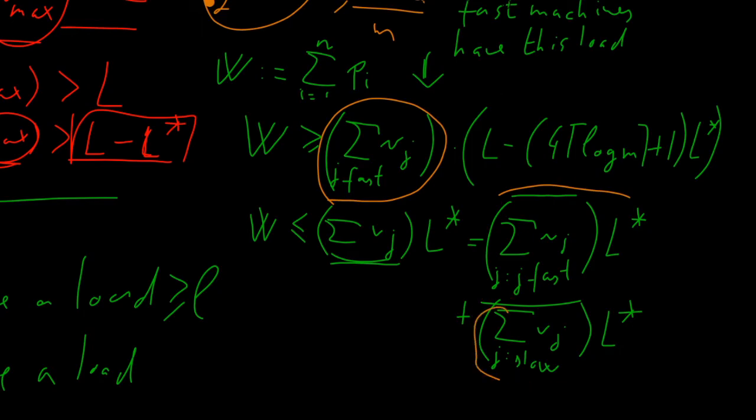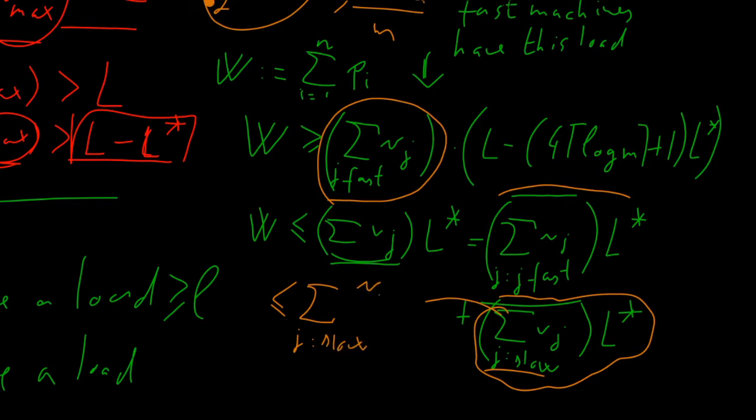This part is relatively easy to rewrite because each slow machine's speed is at most v max divided by m, since the machine is slow.